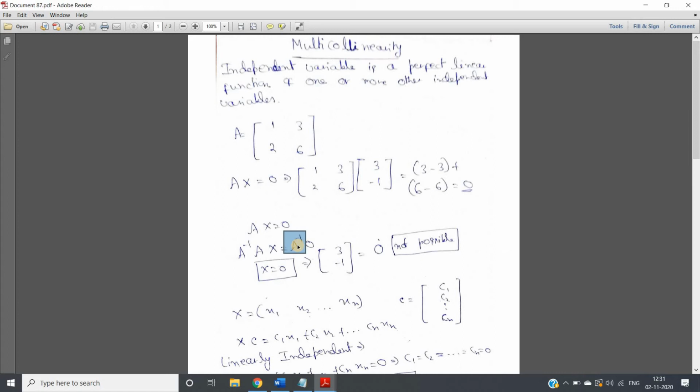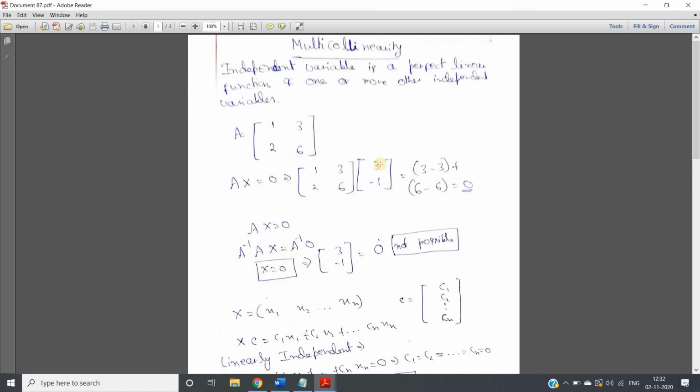Simply, I have derived one very important conclusion. Ax equal to 0 for this particular A matrix, taking X as 3, minus 1. Now suppose A inverse exists; then multiplying A inverse on both sides, we get X equal to 0.